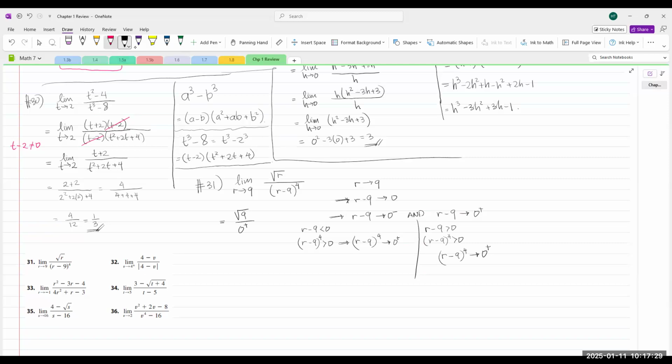The explanation for why you get this part is because of this analysis here. Which gives us 3 over 0 positive, which is positive infinity. Anything divided by 0 has something to do with infinity. But one extra thing you need to pay attention to is whether it is positive infinity or negative infinity.